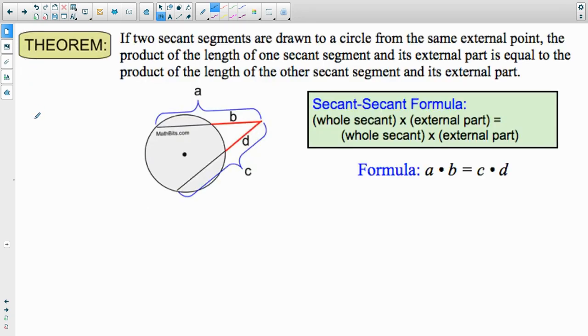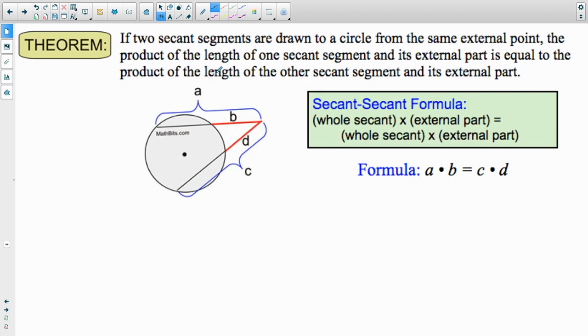But we're going to get into these a little bit more right now. So let's look at the first theorem. If two secant segments are drawn to a circle from the same external point, the product of the length of one secant segment and its external part is equal to the product of the length of the other secant segment and its external part. Sometimes we write the secant formula as it's the whole of one times its external part is equal to the other whole times its external part.